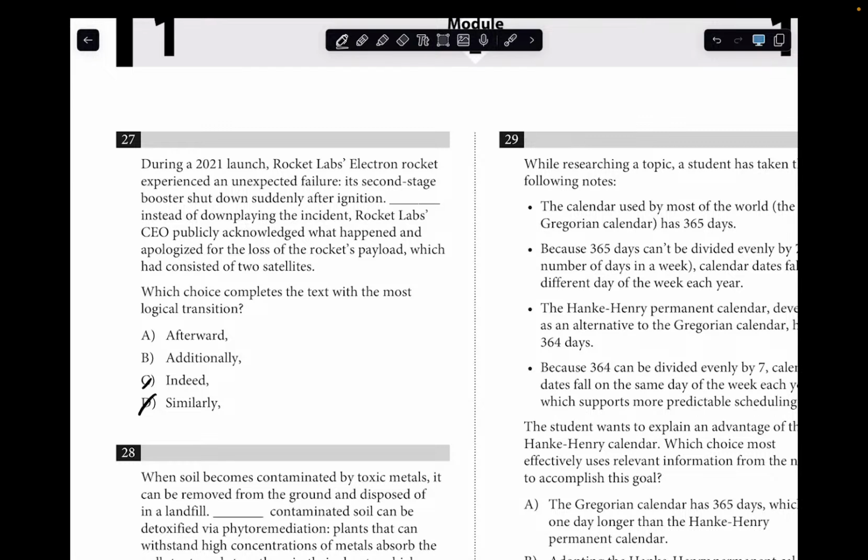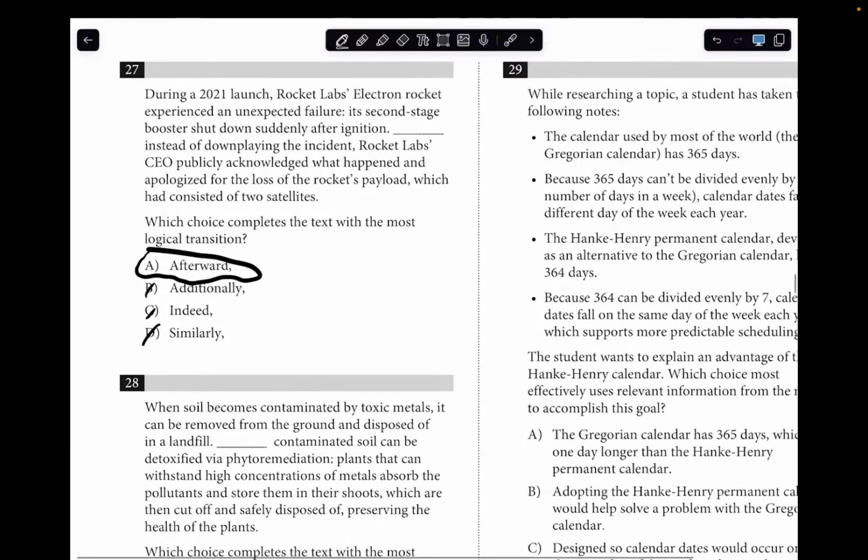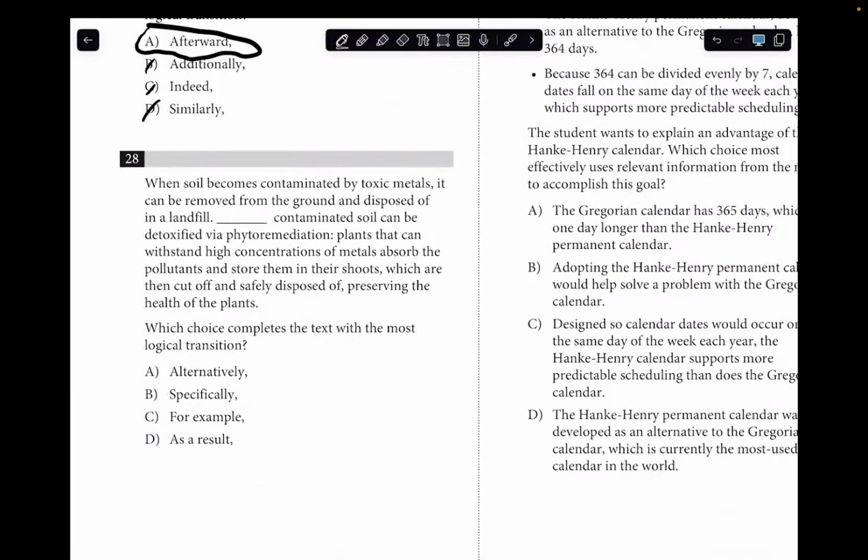Additionally, I don't think it's a summation after the expression of those two different sentences in that passage. It's definitely afterward, right? Because you're talking about an event that happened in time, and then after that initial event happened, this was the resulting action that the CEO had taken to explain or apologize for what had occurred.